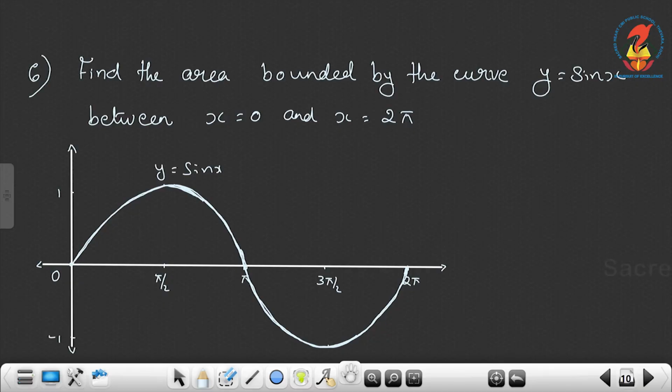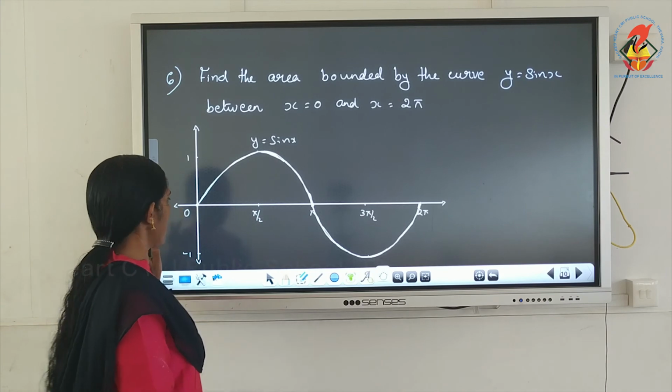The next one, find the area bounded by the curve y is equal to sin x between x is equal to 0 and x is equal to 2 pi. So here, graph of sin x.